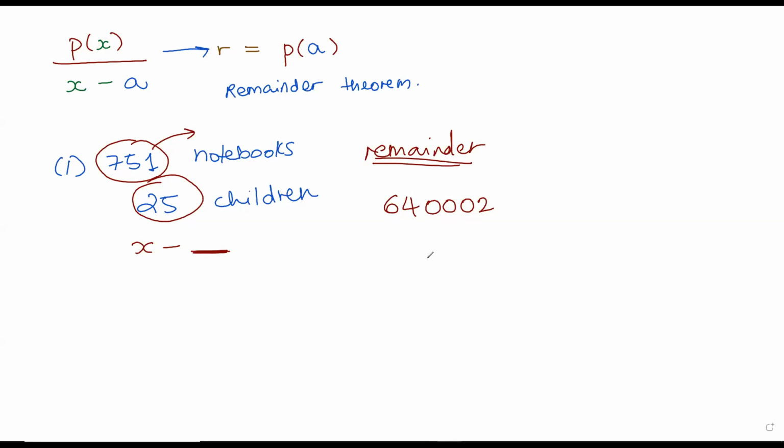Let's say the number of kids you have is 27. Now, I want to know how many notebooks will be remaining after I have done this distribution. These are big numbers, or let's say I can increase this number to 2702.